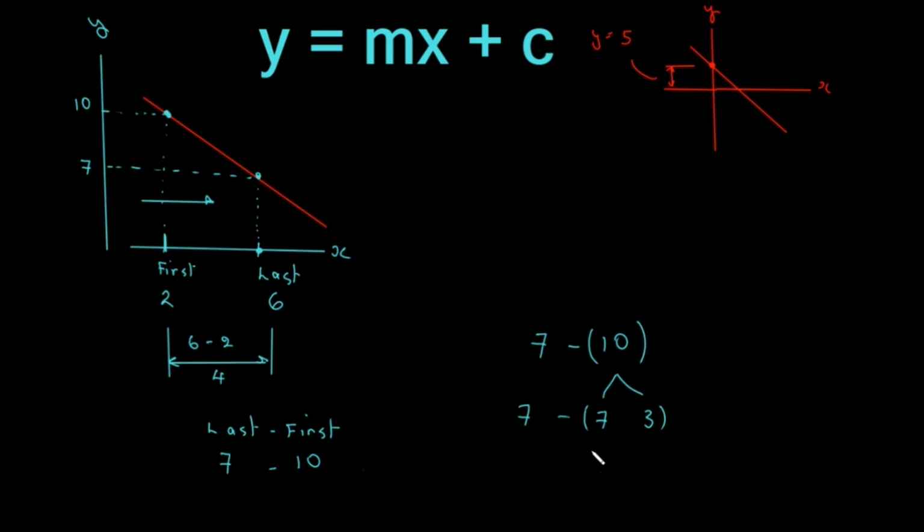So let me just redraw that. There's the 7. Split the 10 into negative 7 and negative 3. Put those two together and you get negative 10. So I've split that. That becomes 0, and all we're left with is negative 3. So this equals negative 3.